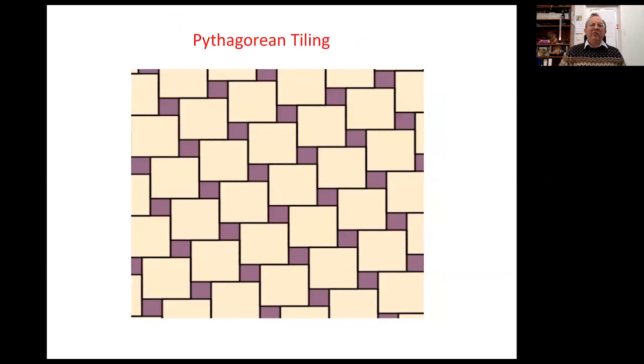And one of the simpler ones, which you often find on the floors of buildings or on walls, if you go to Spain, there's lots of these on the walls of the Spanish houses, is the Pythagorean tiling, which is clearly a periodic tiling of the plane using squares of different sizes. So for many years it was thought, well, that was it.